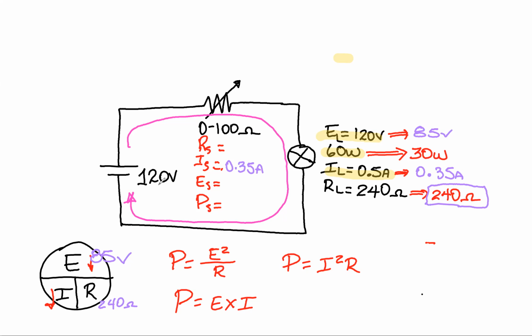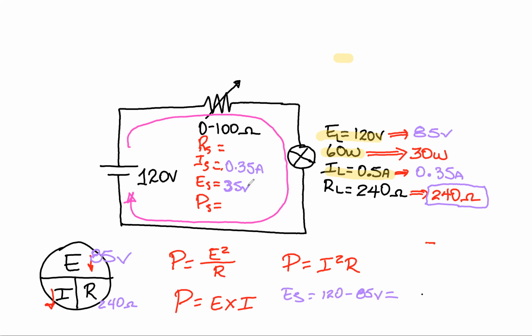Because of that, if I want to find this voltage here, ES, I can say that ES is equal to the source voltage, which is 120, minus the voltage here, which is 85 volts. So 120 minus 85 volts would be equal to 35 volts that we have right here.